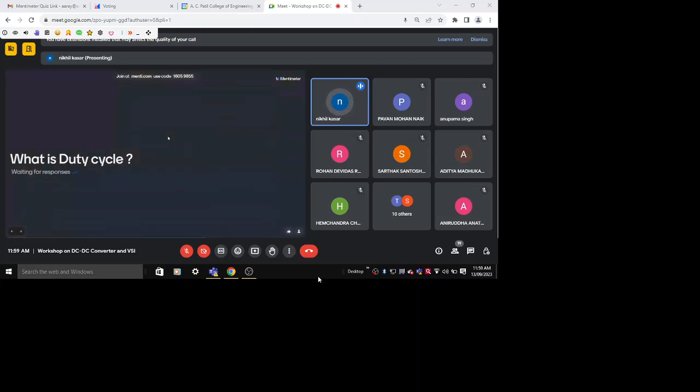This question is open for all, because now we are going to calculate that. But before calculating, at least we should know what a duty cycle is.